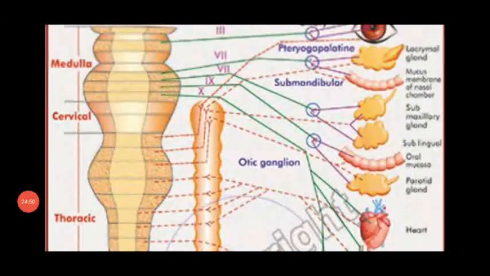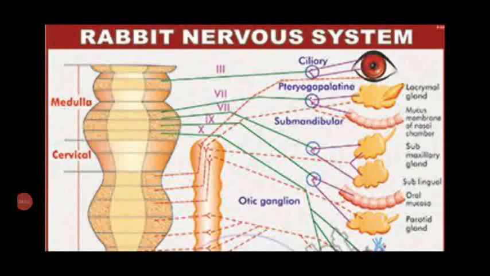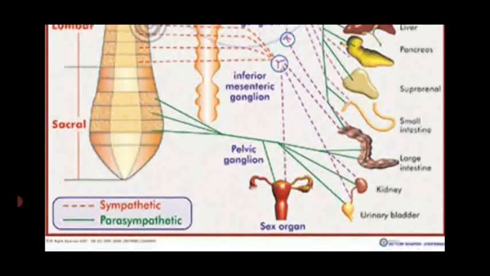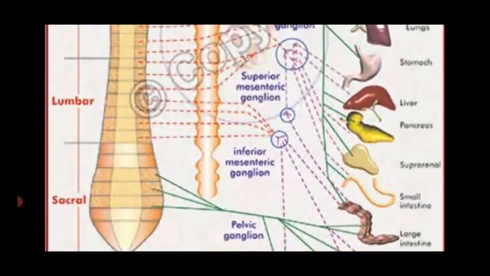Dear students, this is another diagram showing the nervous system of rabbit. Here the red colored dots and green colored dots are named sympathetic and parasympathetic nerves, which constitute the autonomic nervous system of rabbit.